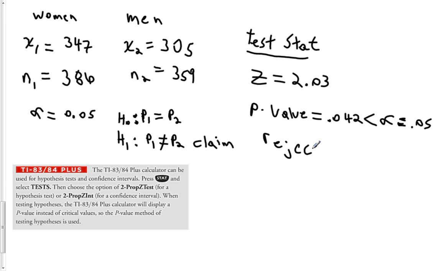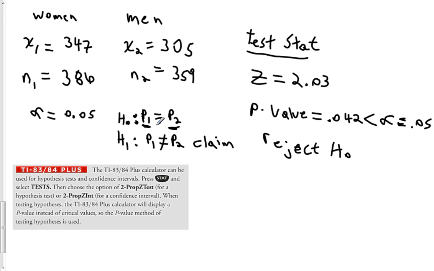What that means is that we're rejecting the hypothesis that the proportion of men and the proportion of women who believe that it's morally wrong to have an affair is equal. So somehow there's a difference between the two proportions. I wonder in which direction.